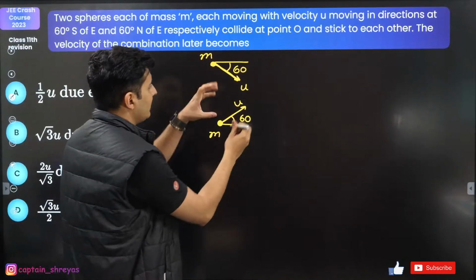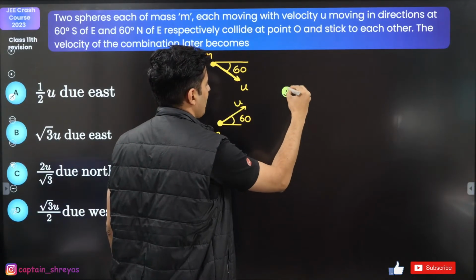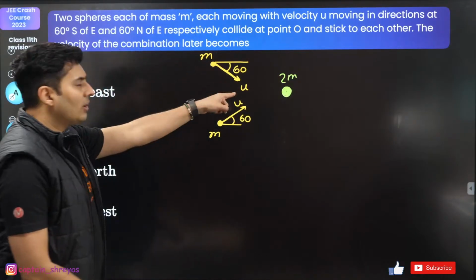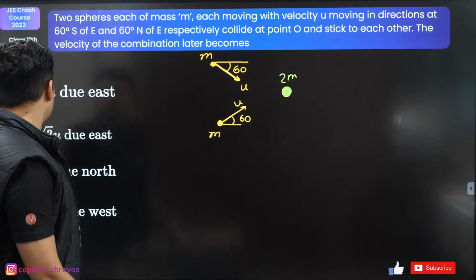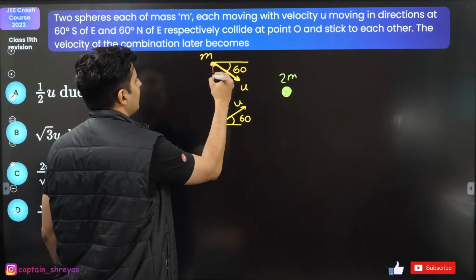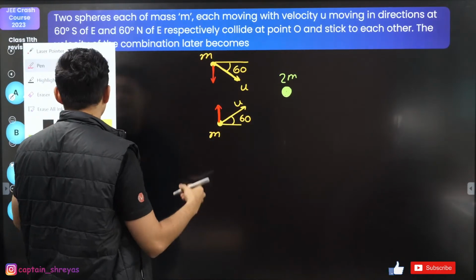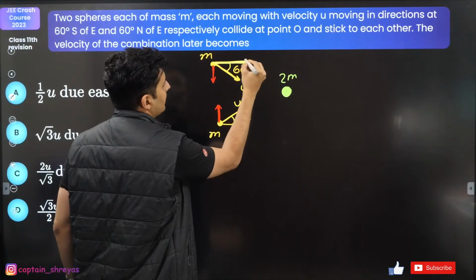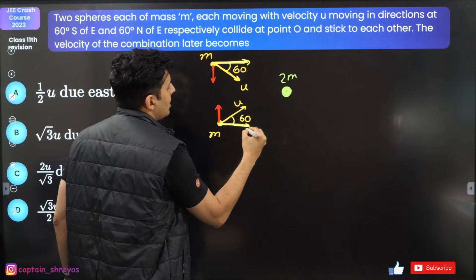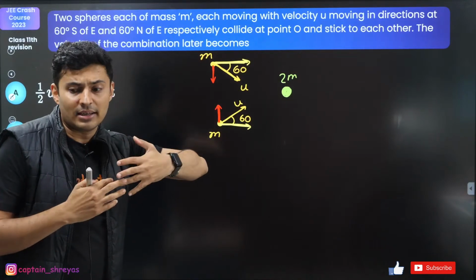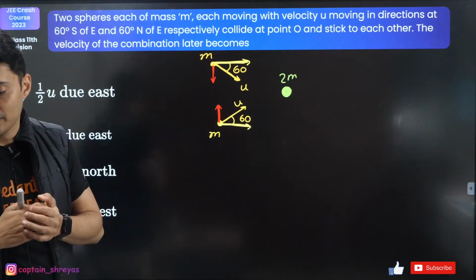After colliding, they become a combined mass. If you notice, guys, each of these masses has two components of velocity: one in the vertical direction and the other in the horizontal direction. Think and tell me which components will cancel each other and which will add.